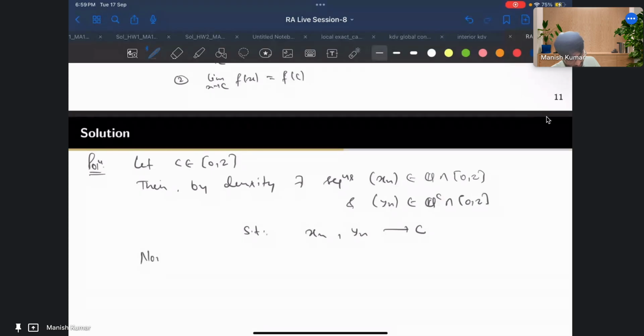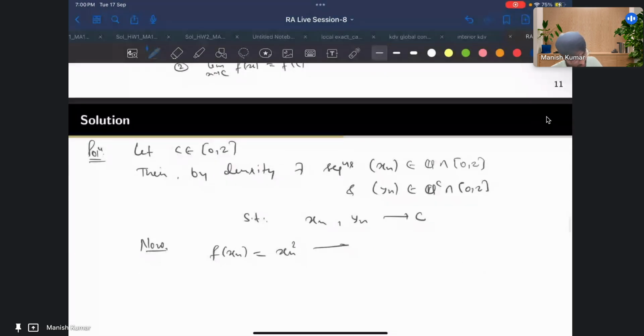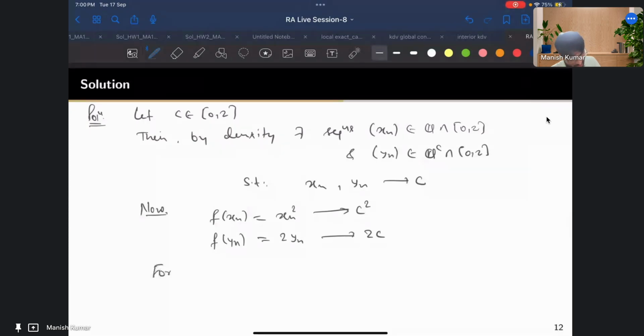Now f of xn, since xn is in Q, is xn square, which converges to c square. f of yn, which is 2 yn, converges to 2c. For the limit to exist at x equal to c, we must have c square equal to 2c.